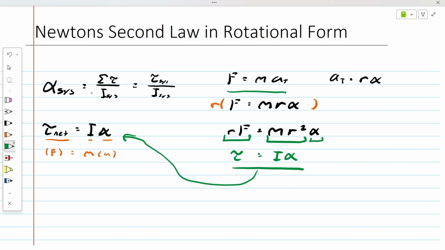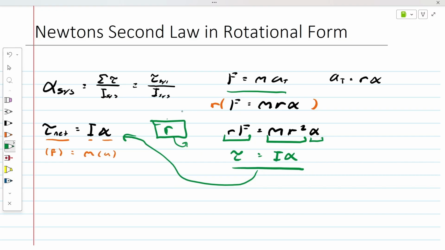And so really all these things are just related through radius. Radius is the big relator. And I had a video talking about how you can translate between each one of these different accelerations and velocities using radius. So this radius is very important when we want to convert from linear to rotational.